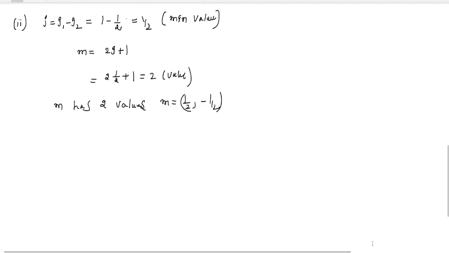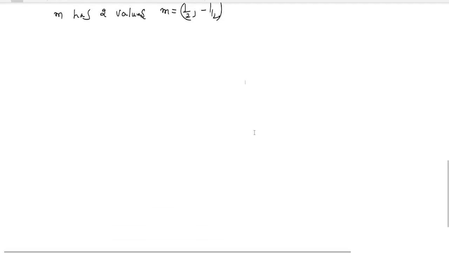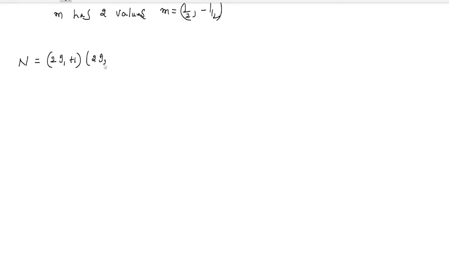And the final step is to find out how many rows and how many columns there are. For that we find the number of rows and columns using the formula: 2j1 plus 1 into 2j2 plus 1.